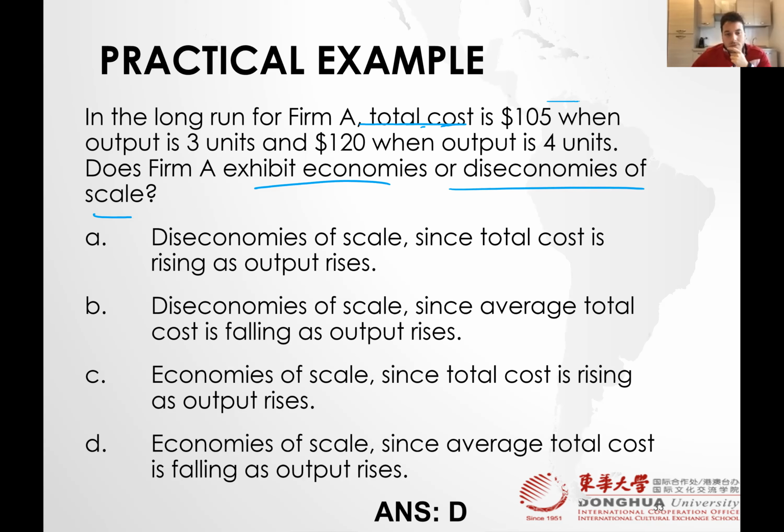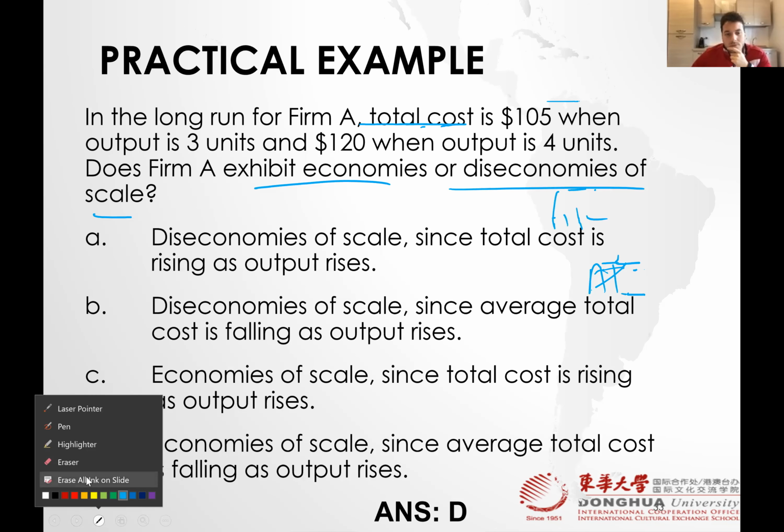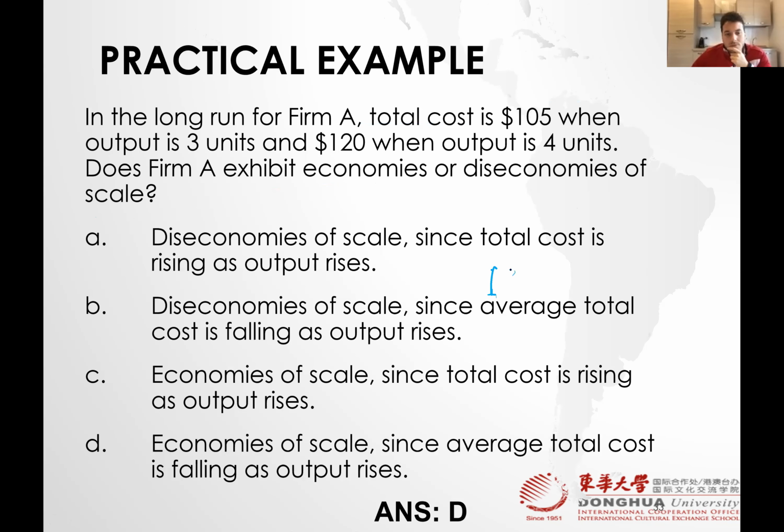When you produce 3 units, what was the average total cost? Average total cost at 3 is 105 divided by, what is the answer here?